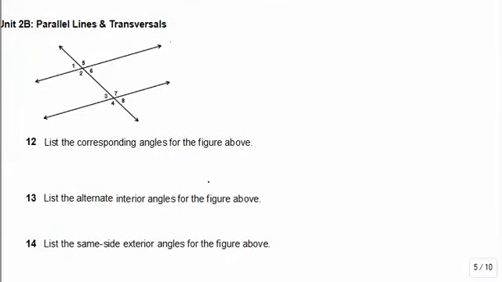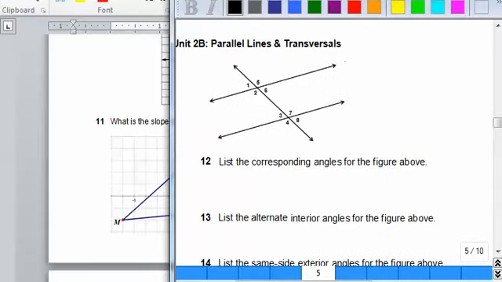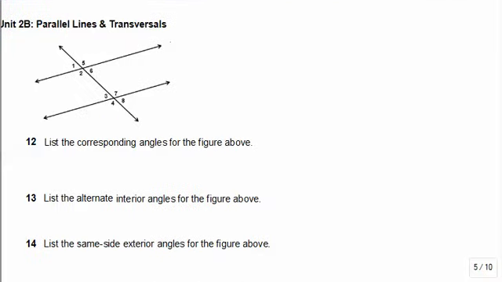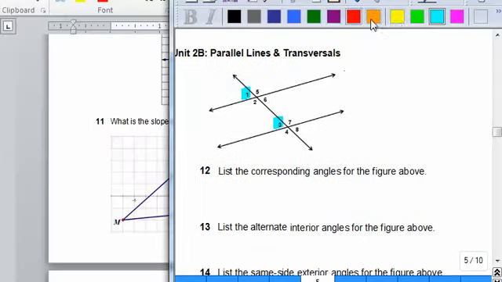Okay, list all the corresponding angles for the figure above. Remember, corresponding is the same side skip thing. Sorry, I need to get to my highlighter, and currently I couldn't. Okay, so 1 and 3 are corresponding, and then, change colors, 2 and 4 are corresponding. 5 and 7 are corresponding, and then 6 and 8 are corresponding.